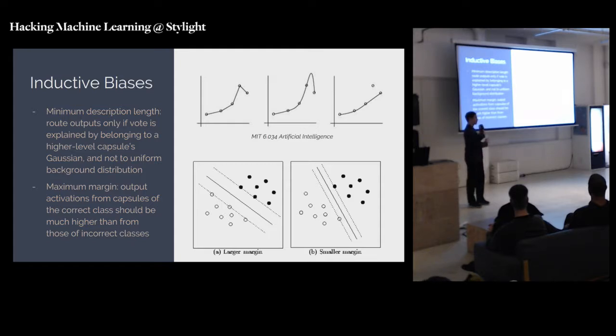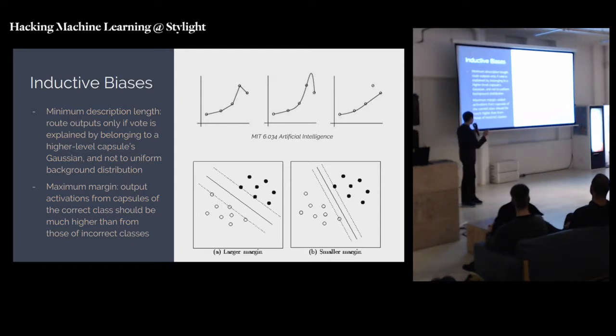And so the inductive bias is really just, in this space of hypotheses, what sort of models and characteristics will you gravitate towards. In this case, we prefer things that either explain a lower level vote as part of a tight cluster or as being irrelevant, and so that's minimum description length.